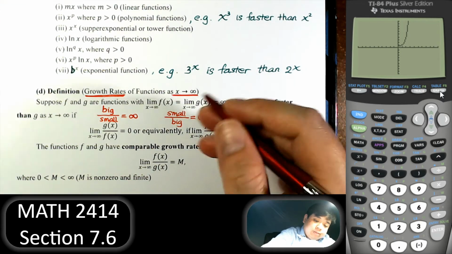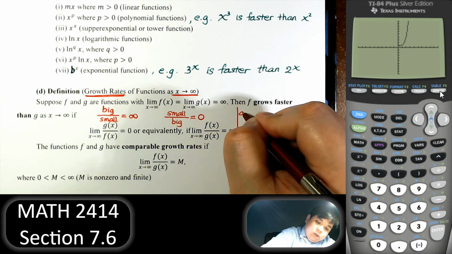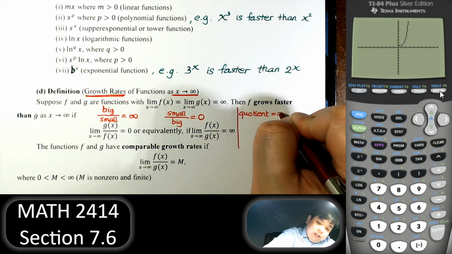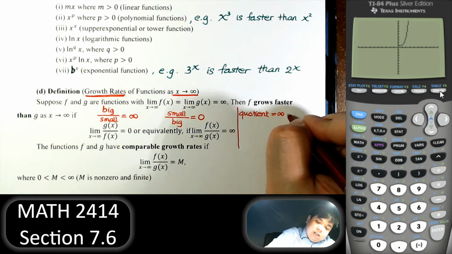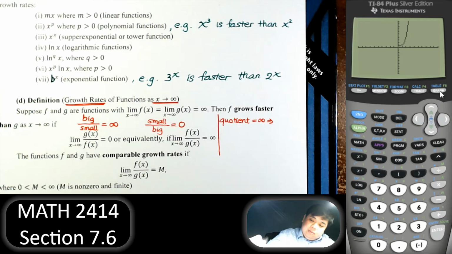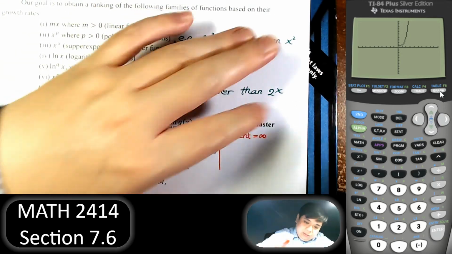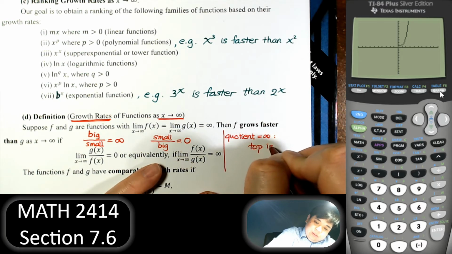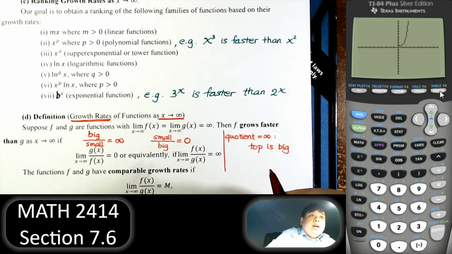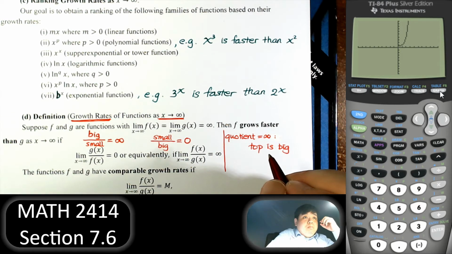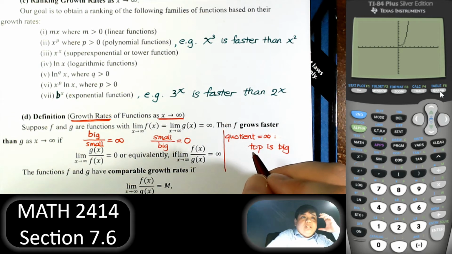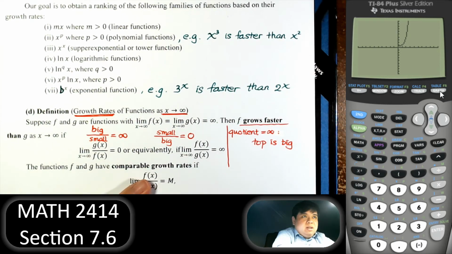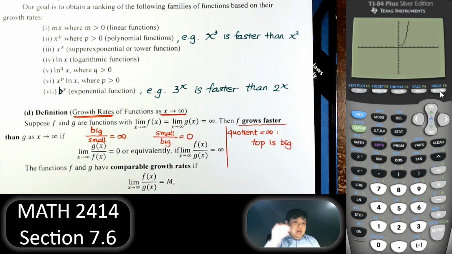So to summarize all of this: if the quotient equals infinity, then the top is big. By that I mean the top is a lot bigger than the bottom, or we say the top goes to infinity faster. That's the proper word for it, but we say a lot bigger than the other function if we compare.